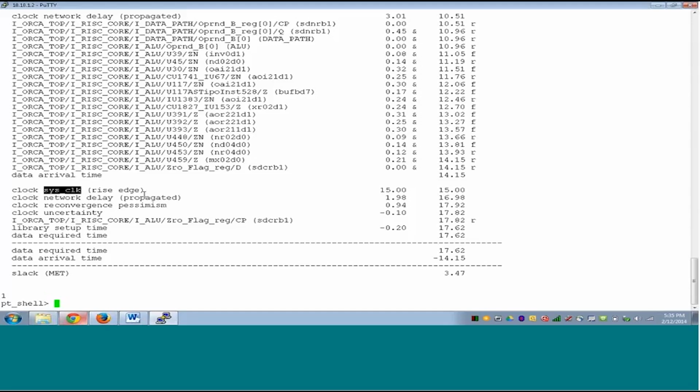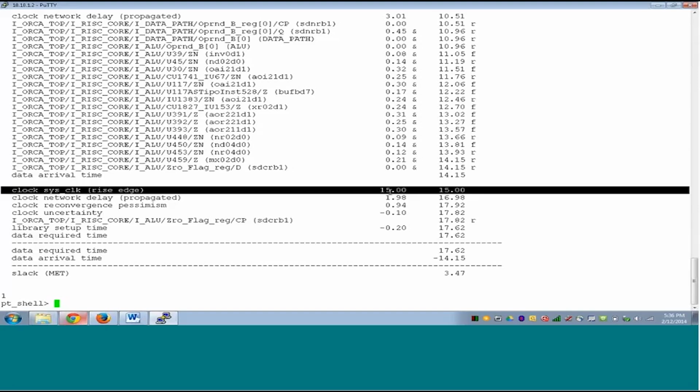For cases where you have launch from a clock and capture by a 2x clock or the other way around, the period you get is equivalent to a full cycle of the faster clock or half cycle of the slower clock. Both are the same. In this case, the faster clock period is 7.5 and the slower clock period is 15. So if you launch from one and capture at another, the total period you get will always be equal to one period of the faster clock, that is 7.5. You can verify this by drawing the waveform. So here the launch is at 7.5 and capture is at 15, which is expected.